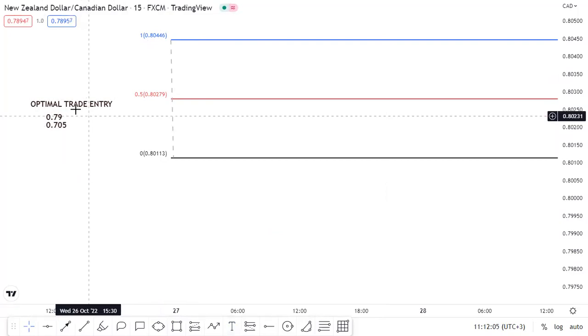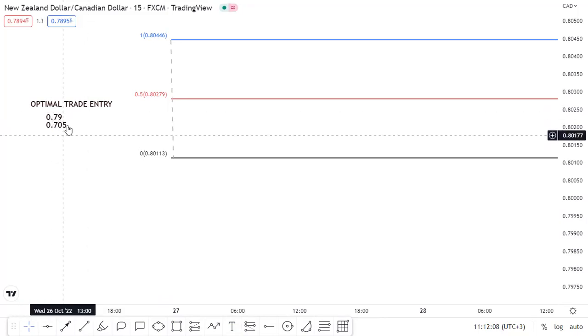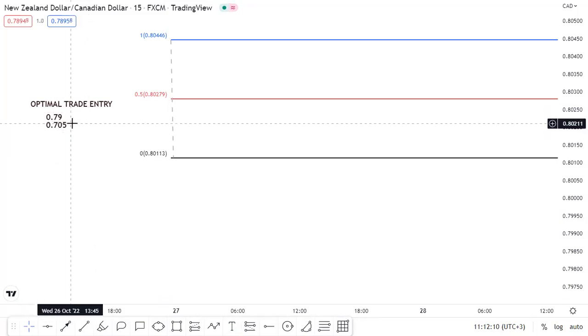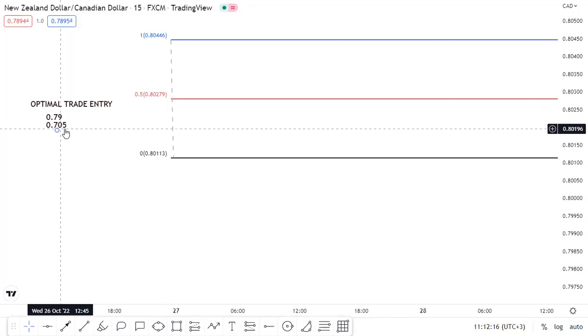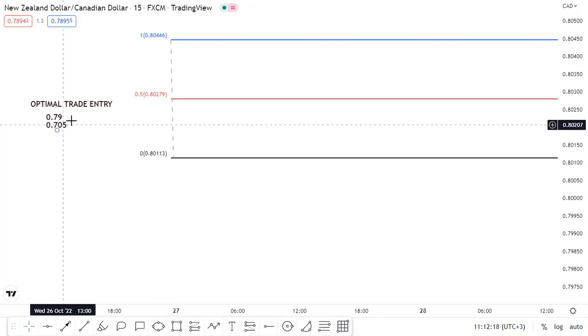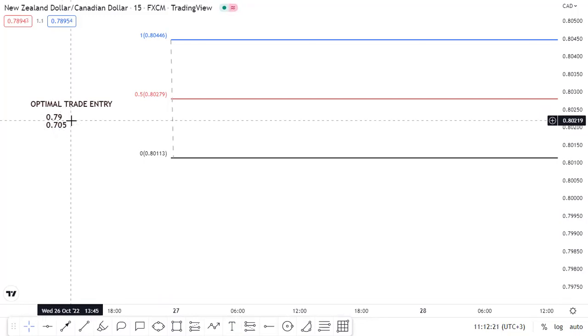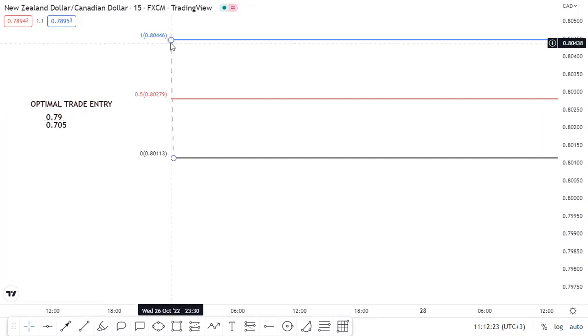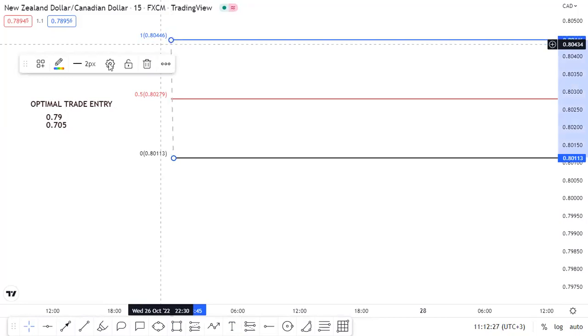It can either touch one of these points, or it can enter in between these 2 points. If it touches one of these points, or between them, then we can either buy or sell. Now let me show you how we can add these points in our Fibonacci retracement tool.